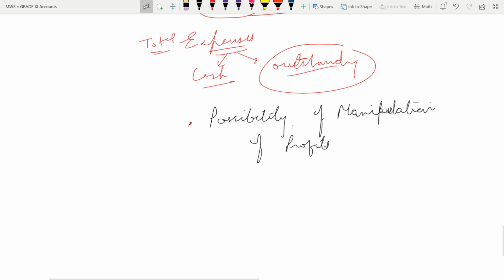In the same way, incomes can be delayed or collected early. On cash basis, there can be manipulation with the profits. They are not going to show you the true profits. If they want to increase the profit, they can do these things. Just go with the disadvantages given on page number 4.3 in your DK Goel and read it thoroughly. You will be able to understand this.